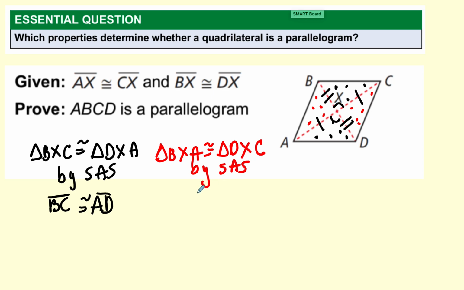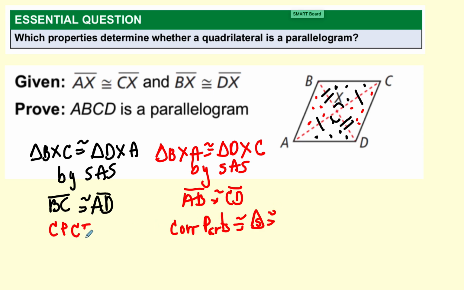Now these triangles will give me AB congruent to CD, and this is by corresponding parts of congruent triangles are congruent. A short way to write it is CPCTC.